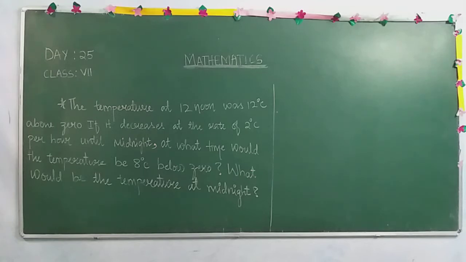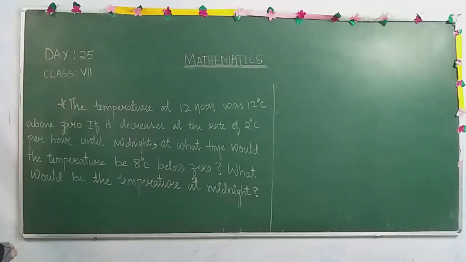In this way they use negative numbers to represent temperature. So based on temperature only, I am going to explain one example. Let's see how we do that and how negative integers are used here.